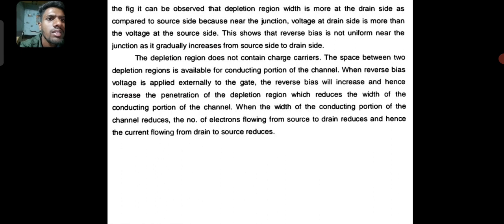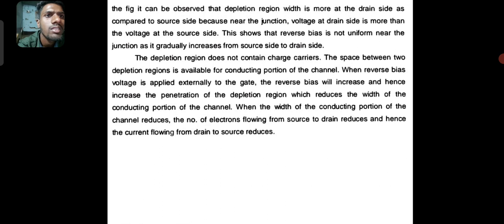As the width of the conducting portion reduces, the number of carriers flowing from source to drain reduces, and hence the current flowing from drain to source reduces.